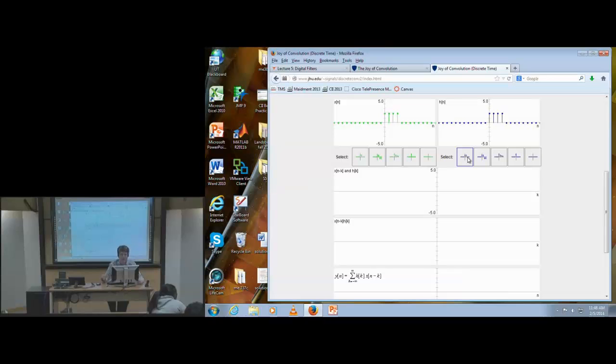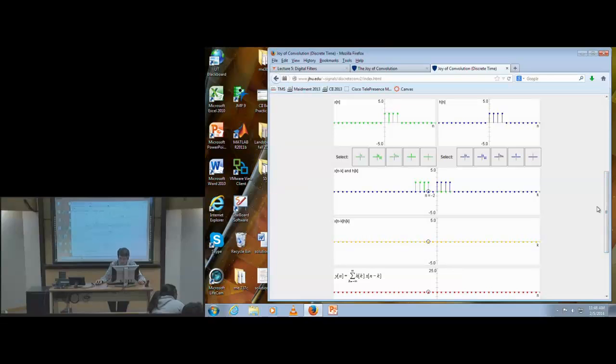All right, so here is discrete time convolution, two rectangular pulses of the same duration, 4 samples each. If I do flip and slide, I'll hold x in place and flip and slide h about x.